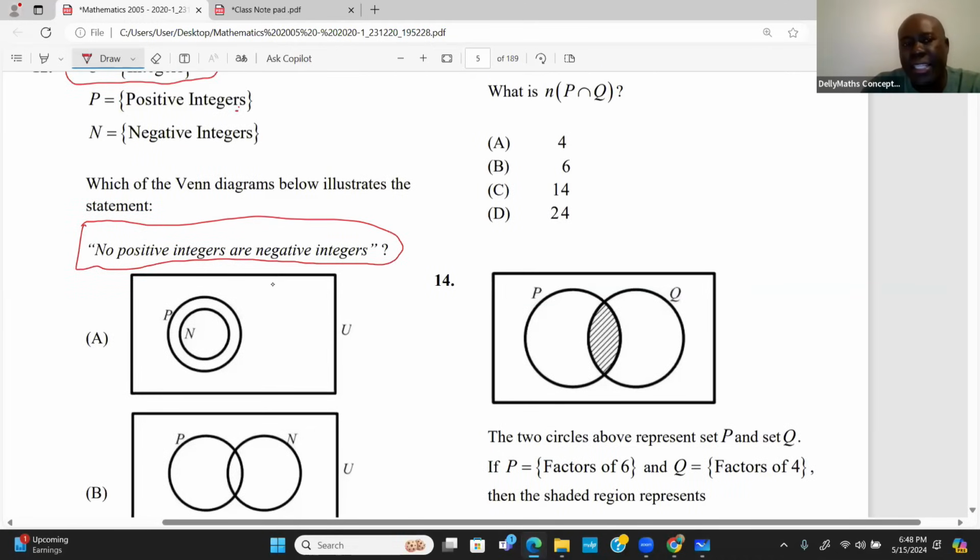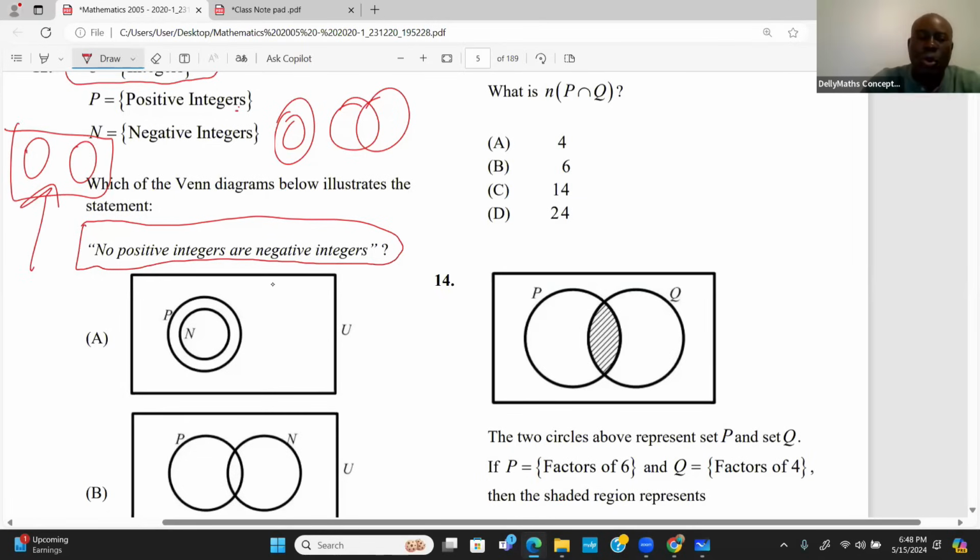Whenever you're doing sets, if sets are overlapping, they're mingling. If one set is inside another set, they are mingling. That means they're sharing something in common. So if you're not sharing anything in common, you're going to have to put them apart. That means they're not overlapping. So you're looking for the type that is not overlapping, because the statement was no positive integers are negative integers.